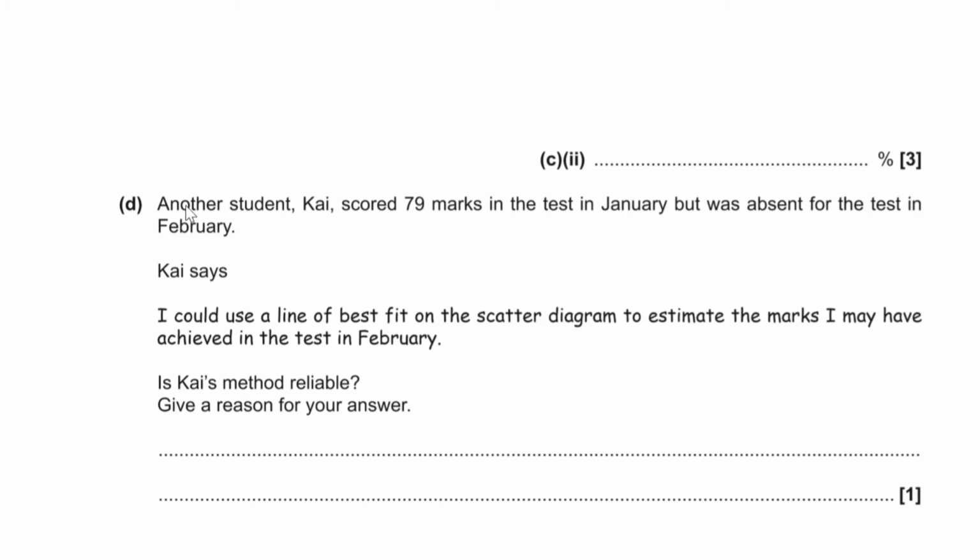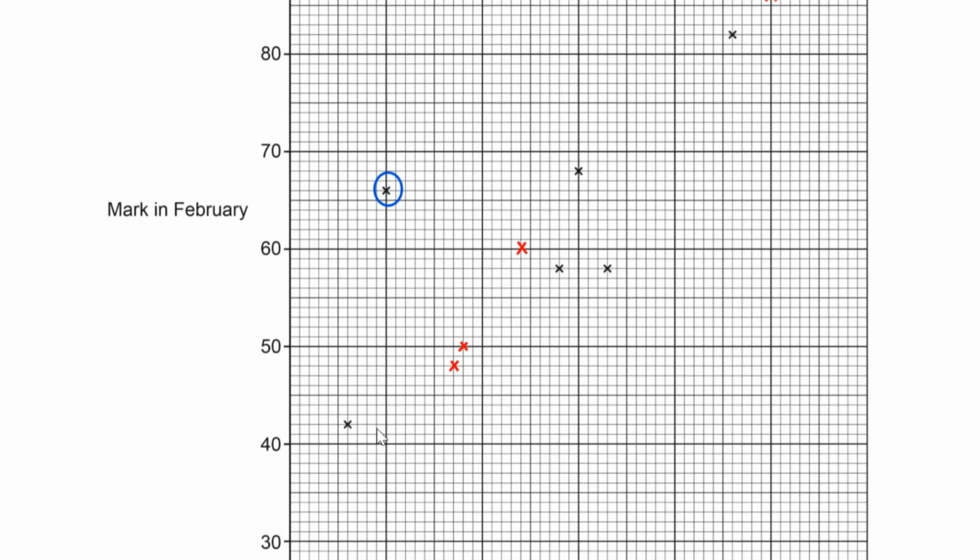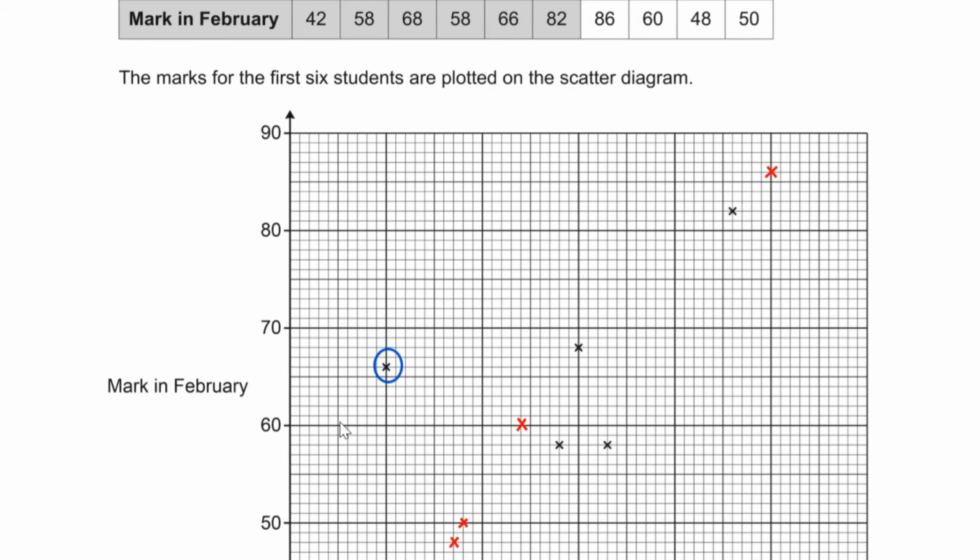For part D, another student, Kai, scored 79 marks in the test in January but was absent for the test in February. Kai says, I could have used a line of best fit on the scatter diagram to estimate the marks I may have achieved in the test in February. Is Kai's method reliable? Give a reason for your answer. Well, he is saying that he will use a line of best fit.